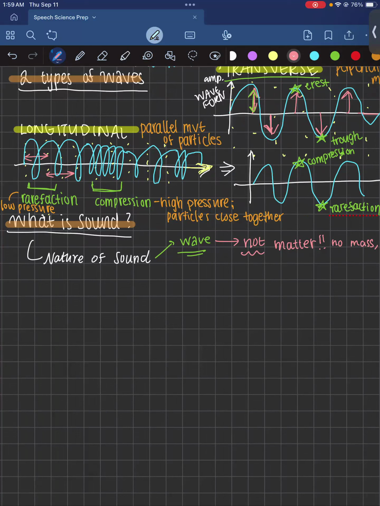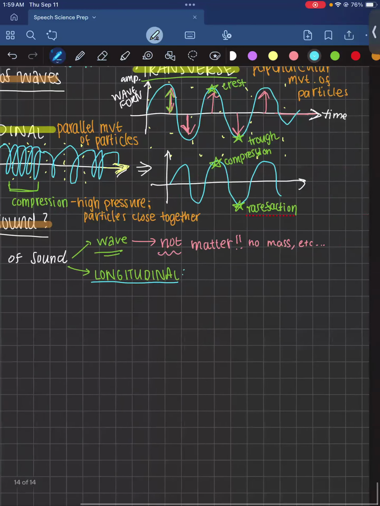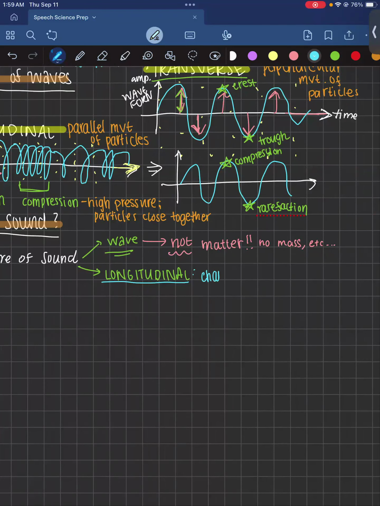And specifically, sound functions as a longitudinal wave. So that's also important to know. It's longitudinal. And why do we know that? Because sound causes a change in pressure within whatever medium it's traveling in.